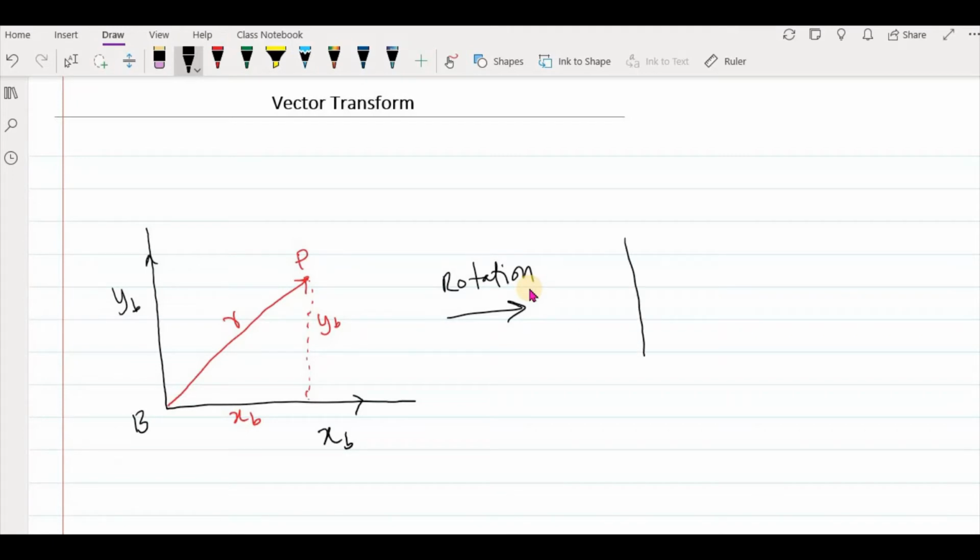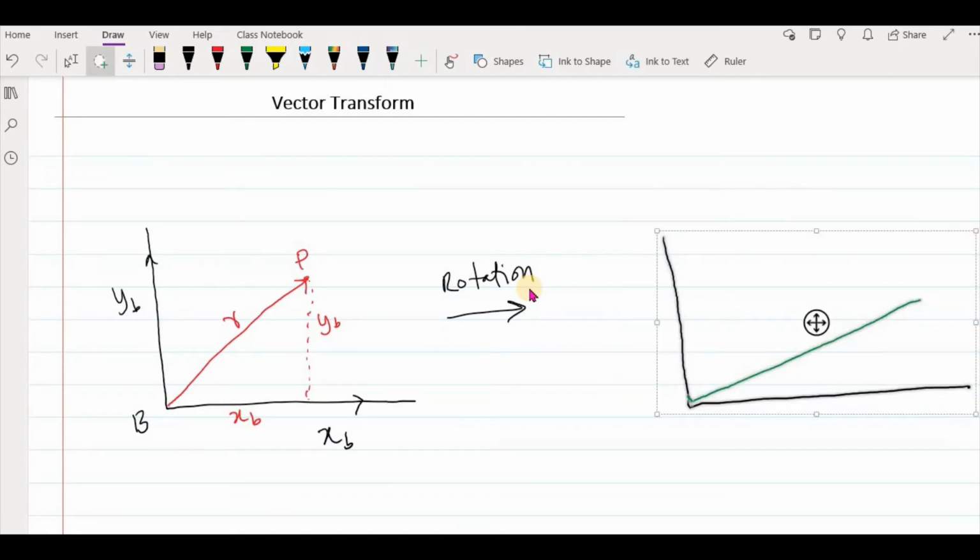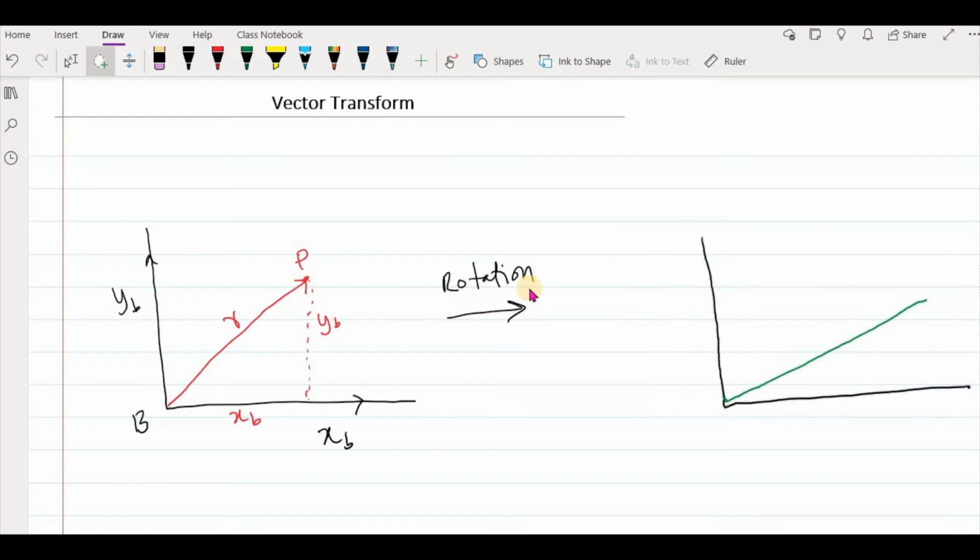So it looks like this. So this is your original frame, and the frame is rotated by angle theta here. So this angle here is theta.